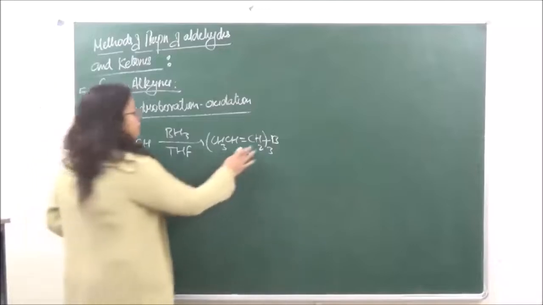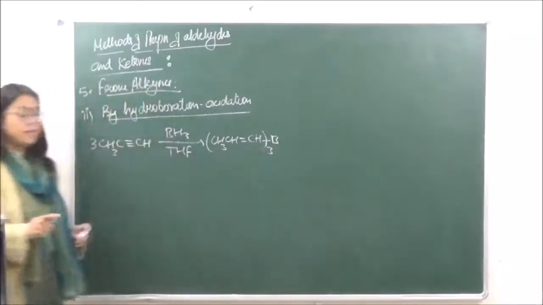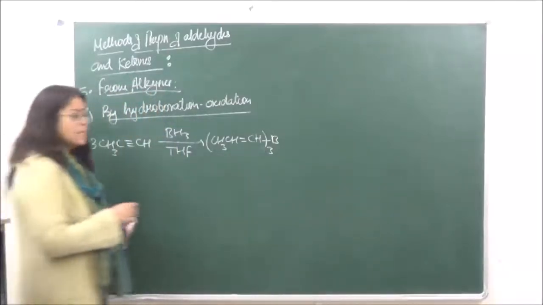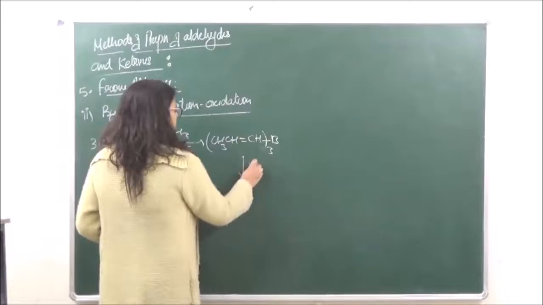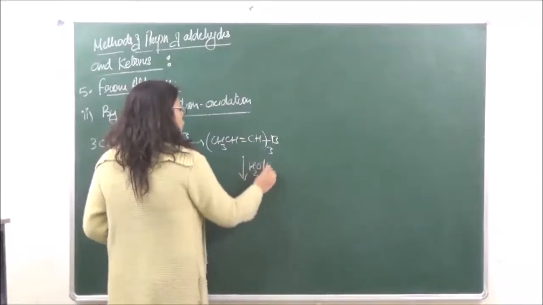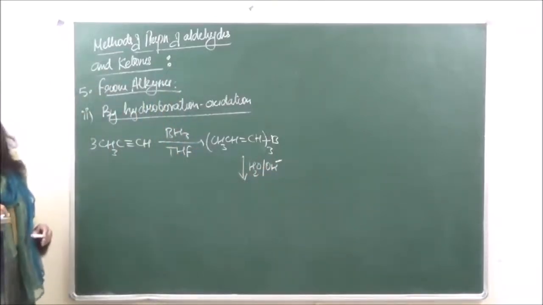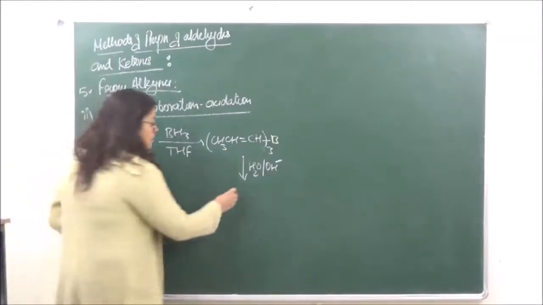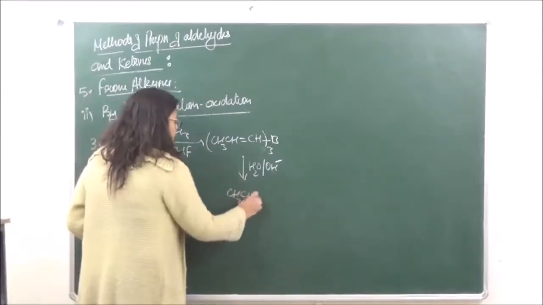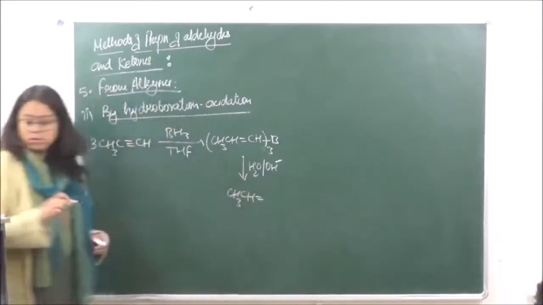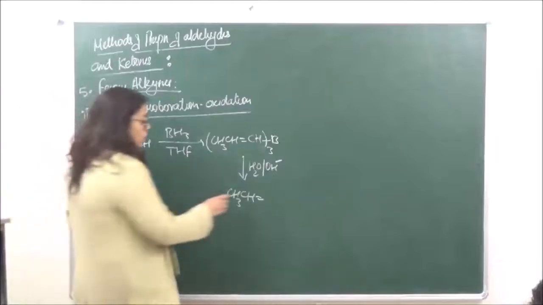Okay, there's going to be CH. Now we are going to hydrolyze it in presence of a base OH negative, and this is going to give us enol.